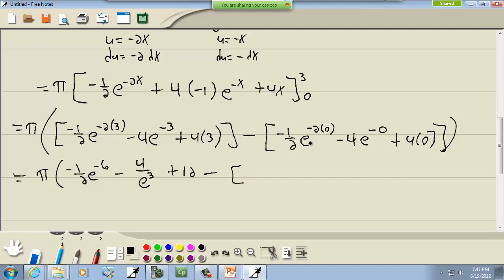Minus negative 2 times 0 is 0. Anything to the 0 power is 1, so that gives us negative 1/2. This gives us negative 4, and 4 times 0 drops away.